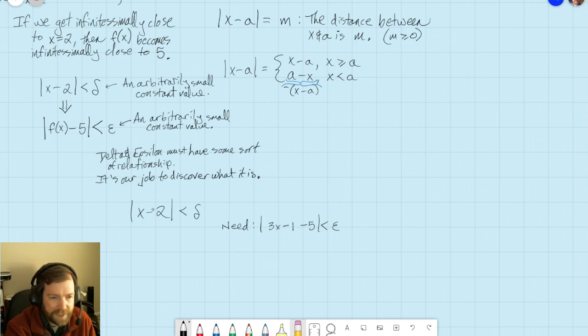You could, in fact, say, tell you what, I'm going to multiply both sides by 3. And on this step, I'm going to multiply my 3 into the absolute value, which is legal because the absolute value of 3 is equal to 3.